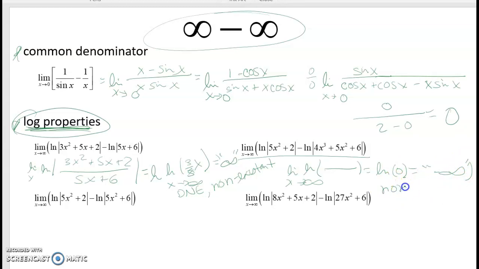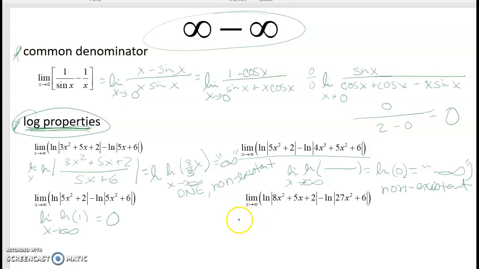And once again, your answer would be non-existent. But down here, now we've got the ratio we can see is going to be 1. So really, this is the same as the limit as x goes to infinity of ln of 1. Oh, that's 0. So this time infinity minus infinity was 0.